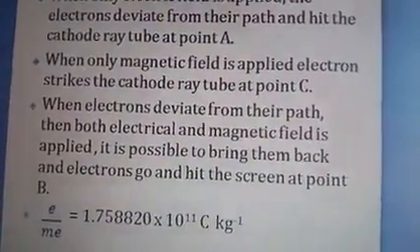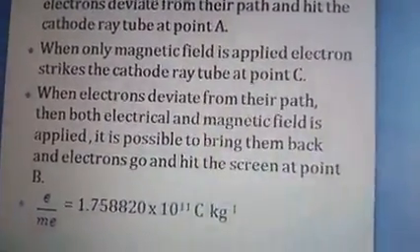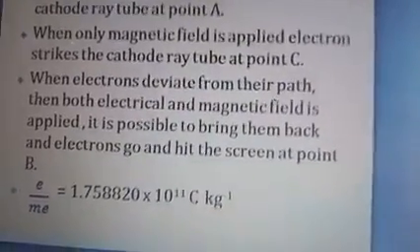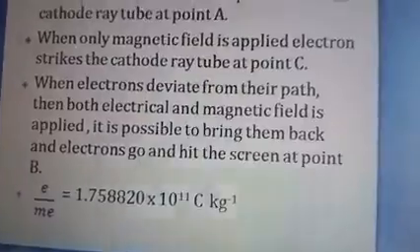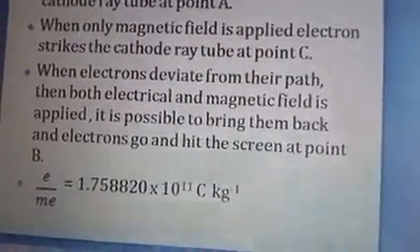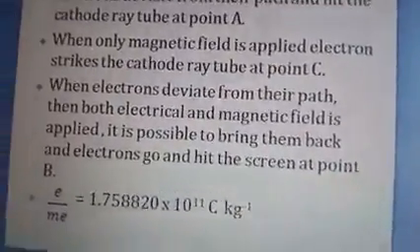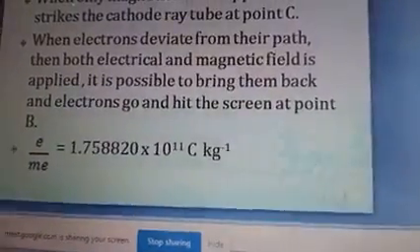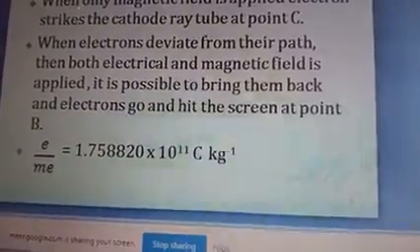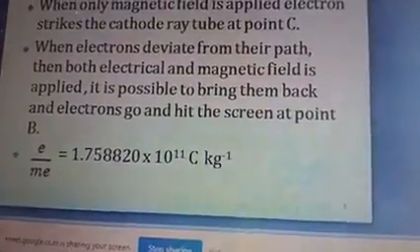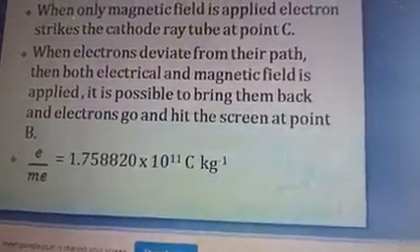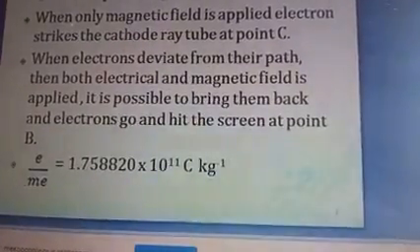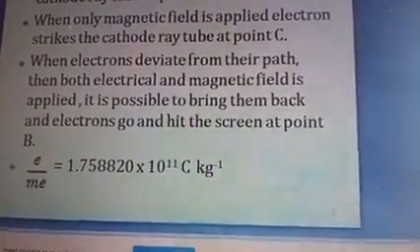When the electron deviates from its path, and then both electrical and magnetic field are applied, it is possible to bring it back, and the electron goes and hits the screen at the point B. So from this we know that the e by m ratio, that means the charge of the electron divided by the mass of the electron, should be 1.758820 into 10 power 11 coulombs per kg.